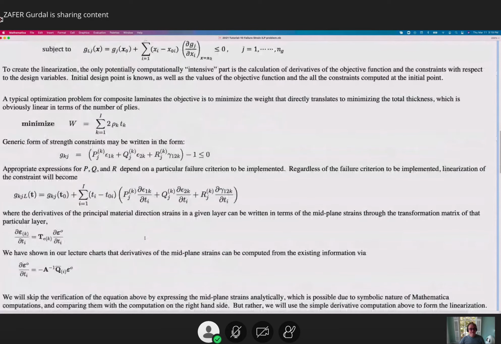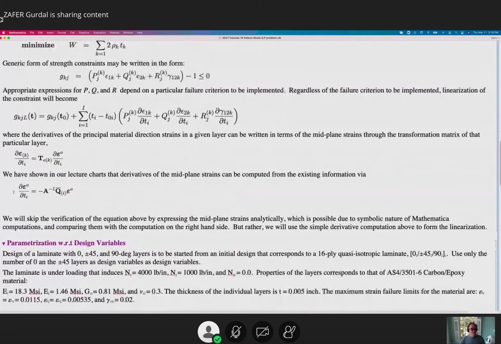But once we have that, we showed that we need something like this. So to compute this is the beginning of most of the time that I'm going to be spending in this particular tutorial: show how to compute the mid-plane strain derivative with respect to ply thicknesses.